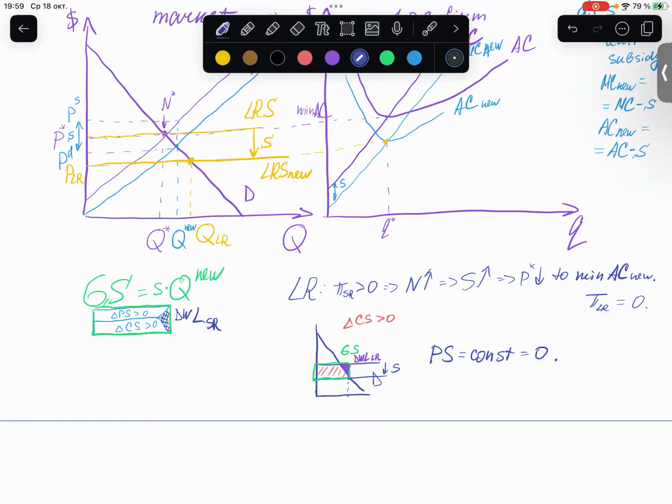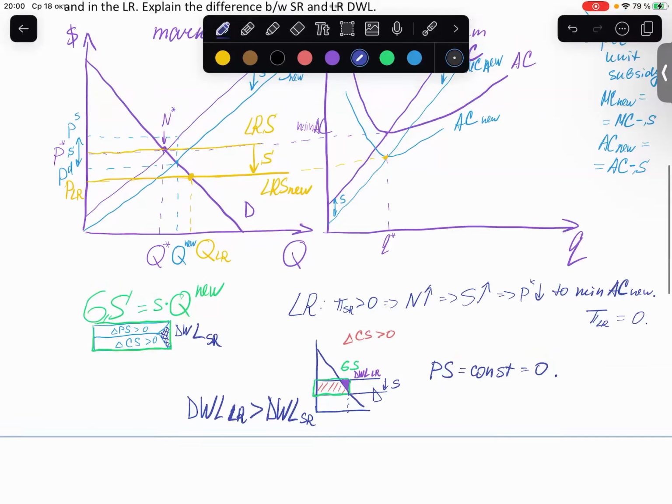Because in the short run, producers will gain some profit. Some part of the subsidy will go to producers. But in the long run, too many firms enter and the profit will be zero. So the bigger part of government spendings will be lost. So deadweight loss in the long run is bigger than deadweight loss in the short run.